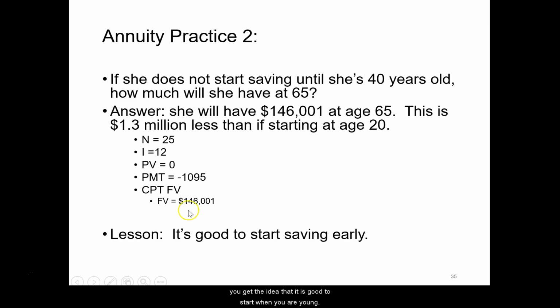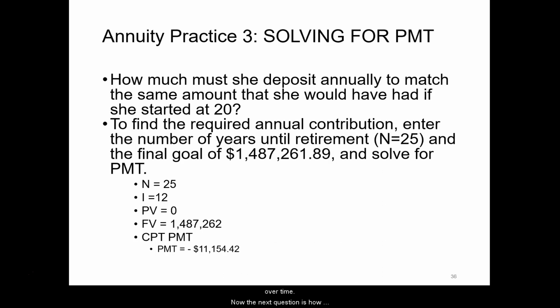You get the idea that it is good to start saving and investing as early as possible, because over time you can accumulate a significant amount of wealth because of the power of compounding interest rates over time. Now, the next question is, how much does she need to deposit or invest every year to match the same amount that she would have if she started at 20?